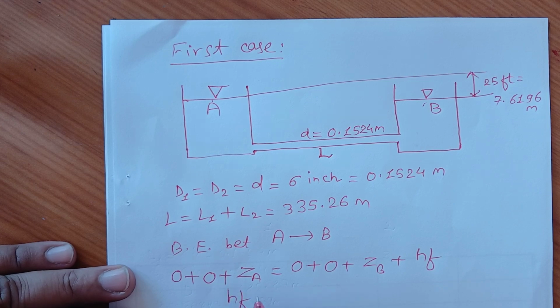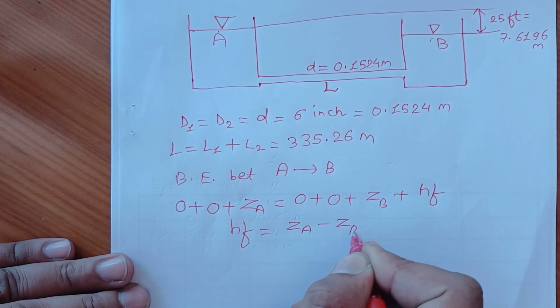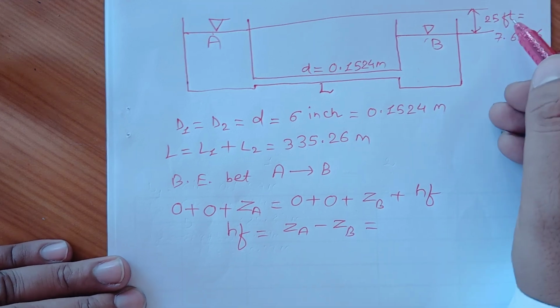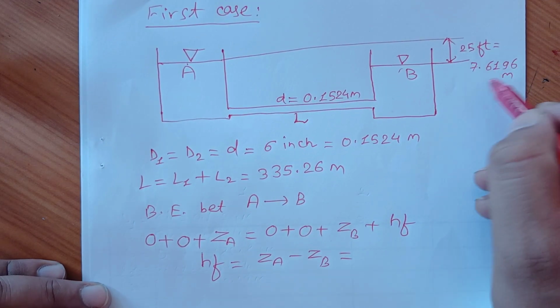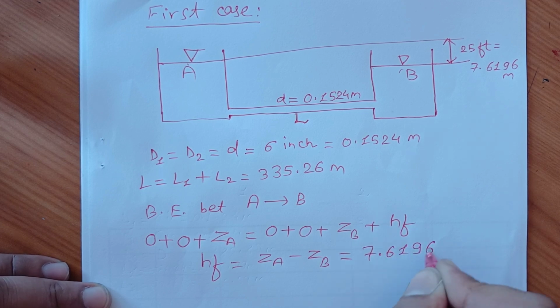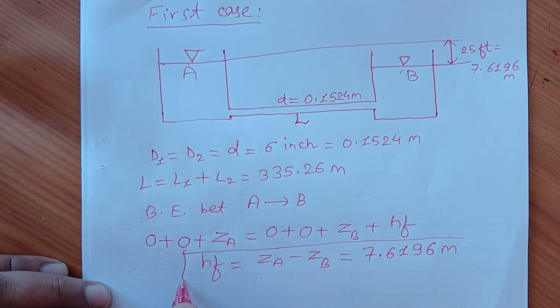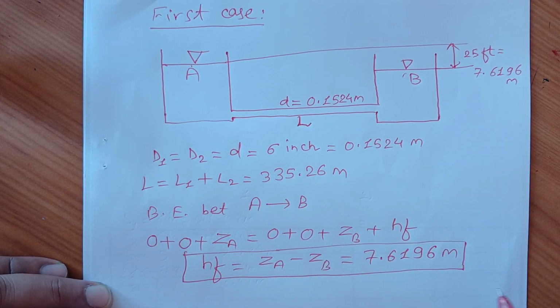Head loss is equal to ZA minus ZB, that is the elevation difference. I have already calculated the elevation difference, that is 25 feet, which is equal to 7.6196 meter. Okay, I have got the head loss between the two reservoirs A and B in the pipeline having diameter small d.